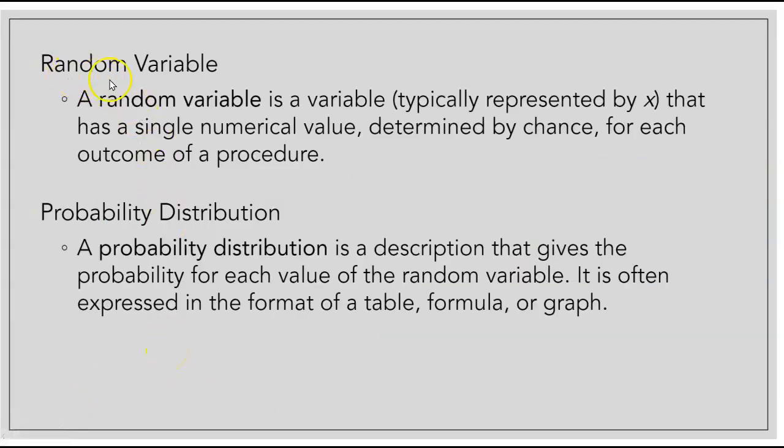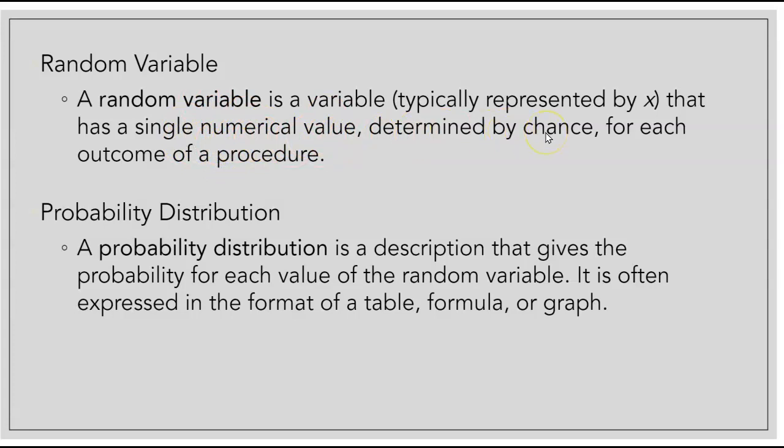So the jargon, the language, the vocabulary. A random variable is a variable typically represented by X. That is a common letter to use for math, right? That is varying, has a single numerical value determined by chance.